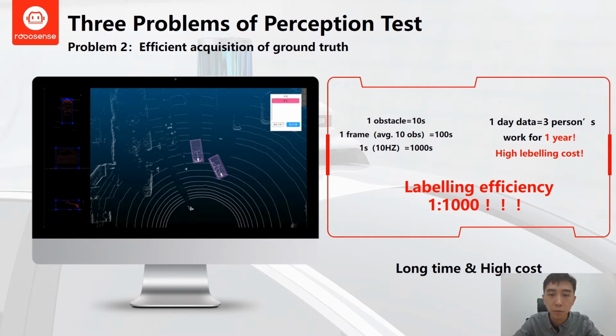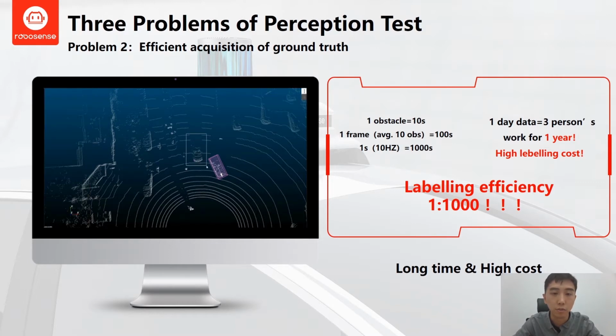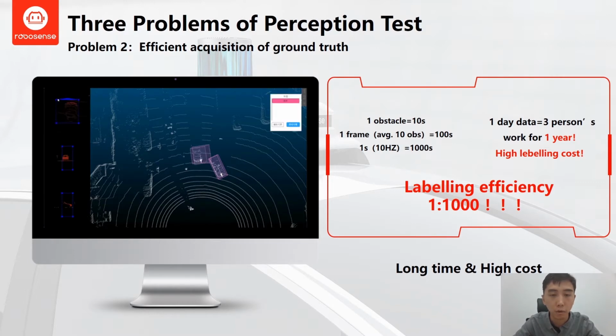By some simple calculation, we know that the labeling efficiency is about 1/1000. For 1 second of data, people need 1000 seconds to label it. This costs a very long time and a large amount of money. So this is not a good way. We need a very efficient way to acquire a large amount of ground truth data. This is the second problem.